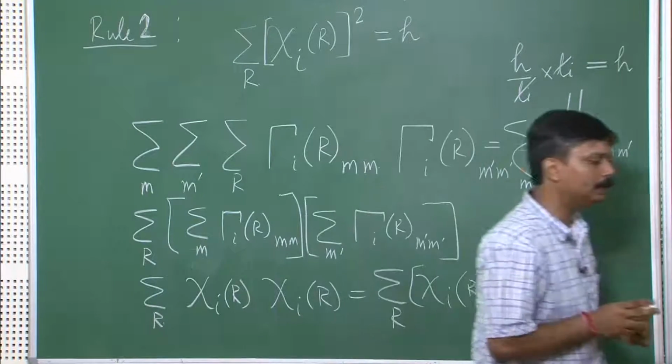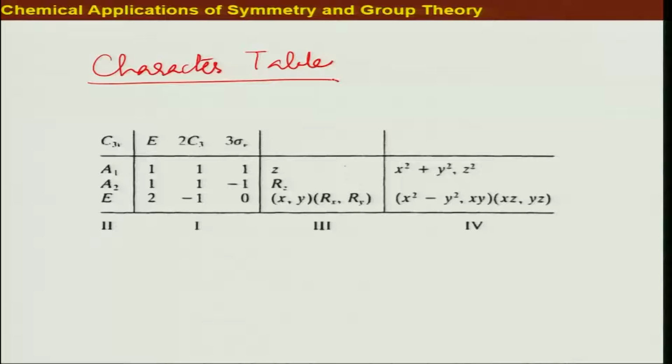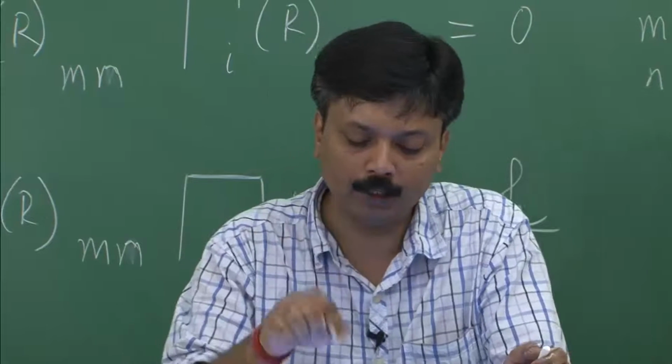So what does it mean? If you quickly look at the character table for C3V, which is on your screen, and take any representation, let's choose A1, and take the squares, what will happen? One thing you should notice is that all the symmetry operations belonging to a particular class are clubbed together, and their characters are the same, which we have already proved earlier.